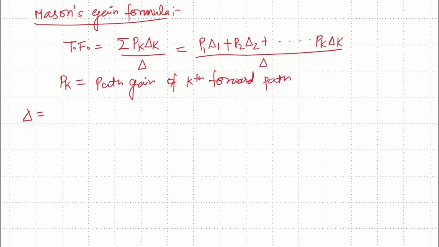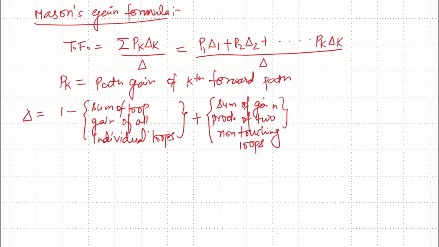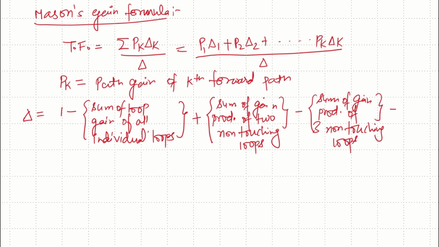And delta is 1 minus the sum of loop gain of all the individual loops, which I already discussed in the previous slide, plus the sum of gain product of two non-touching loops, minus the sum of gain product of three non-touching loops, plus and so on.